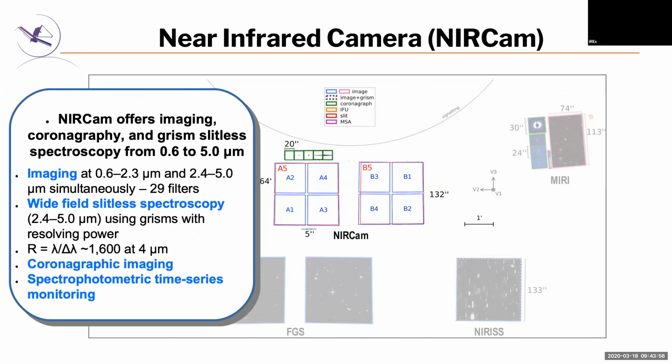You can do wide field slitless spectroscopy in the red part of the near infrared, and that's achieved at a pretty high resolving power of about 1600. You have coronagraphic imaging with the green boxes on top here, and spectrophotometric time series as well, although we will not talk much about that mode.